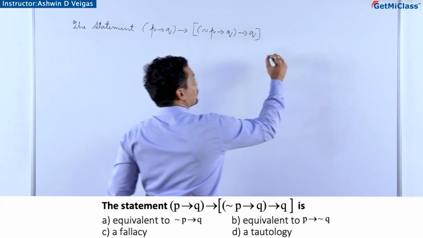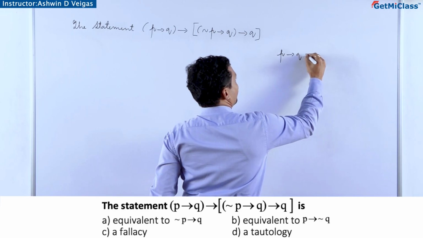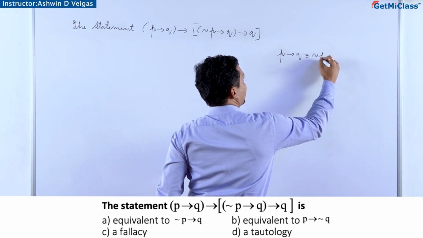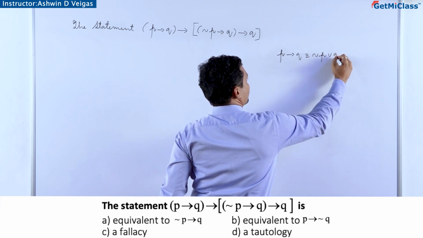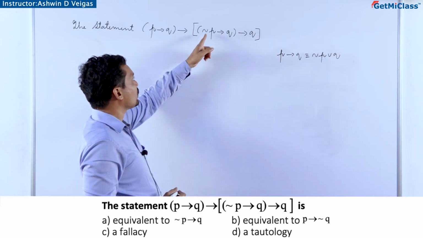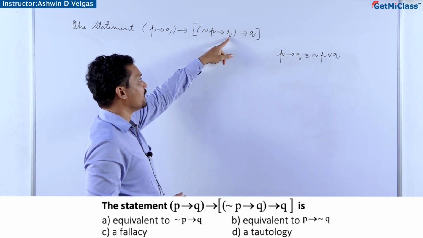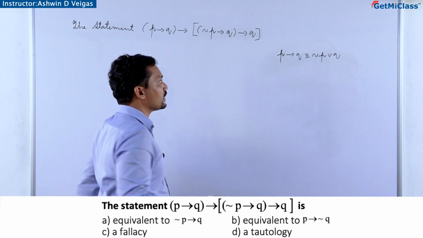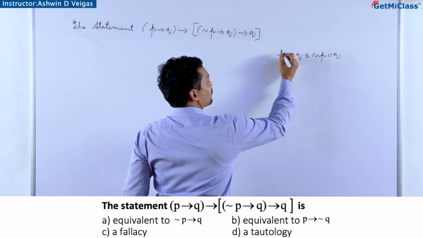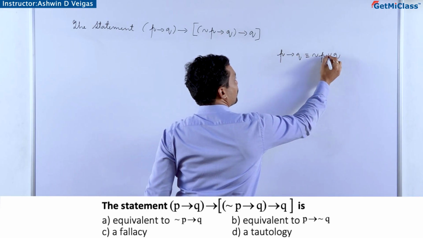Now we have this law: P then Q is always equivalent to negation of P or Q. So, this is the law. Now I will simplify negation of (P then Q) using this. The first term gets negated, the second term remains as it is, and then becomes or.